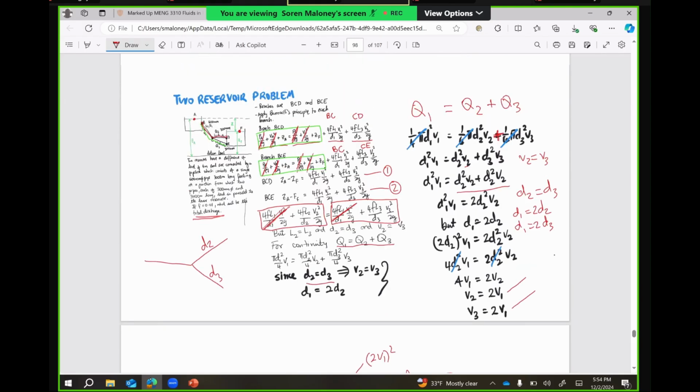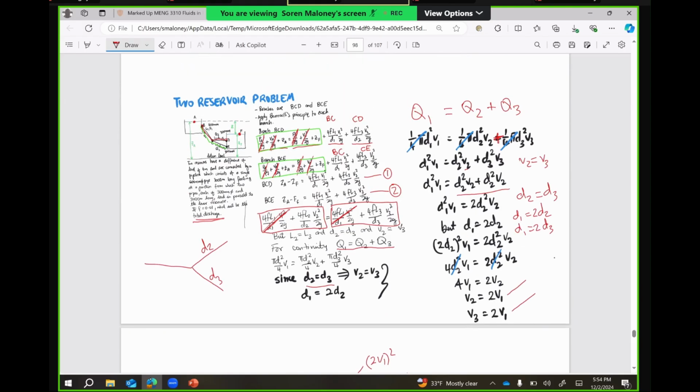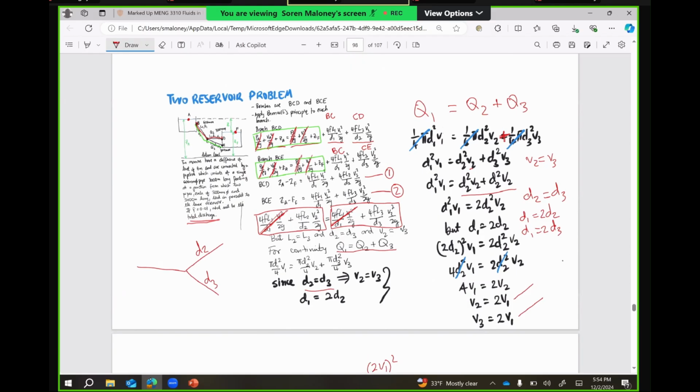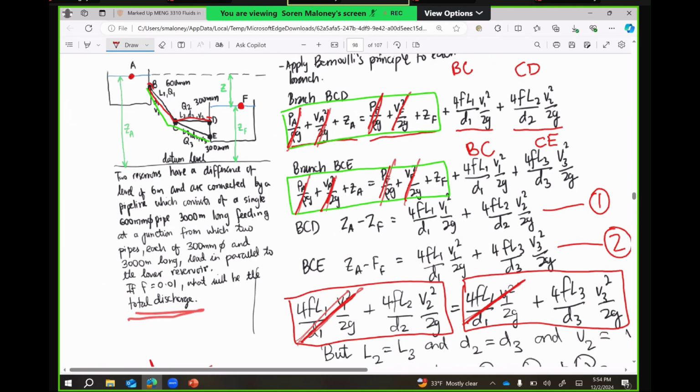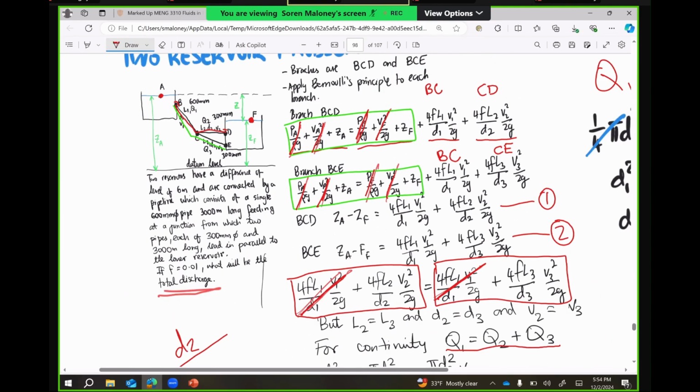Another thing you need to pay attention to is your reservoirs, your branches. So these two branches, they are considered parallel because they are between two reservoirs, and you are applying Bernoulli's principle to each branch. I can't apply Bernoulli's principle to point B, C, D, and E all at once. I pick one branch, I apply Bernoulli's principle. I pick another branch, I apply Bernoulli's principle.